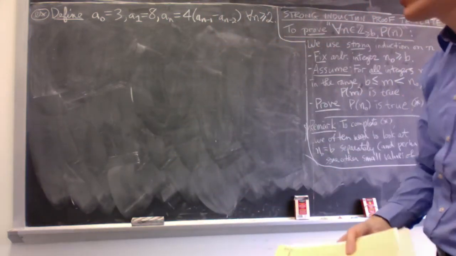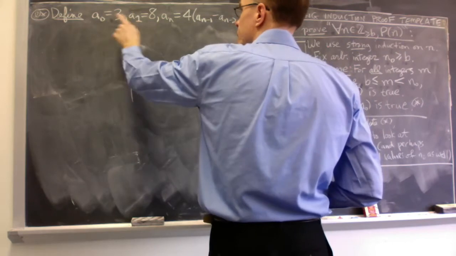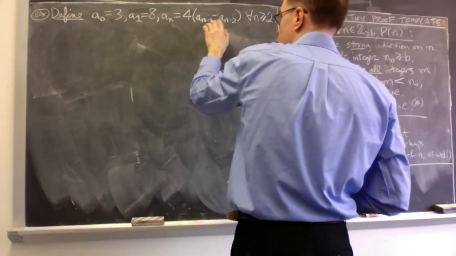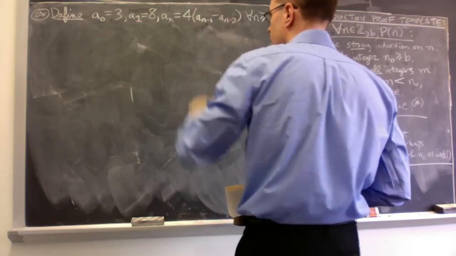So recursive definition, this one has 2 base cases. I give you A0, A1, because for AN, you have to go 2 back to get the next one.